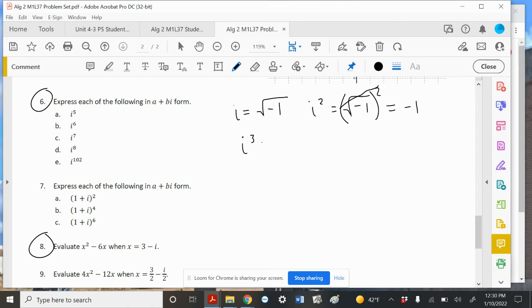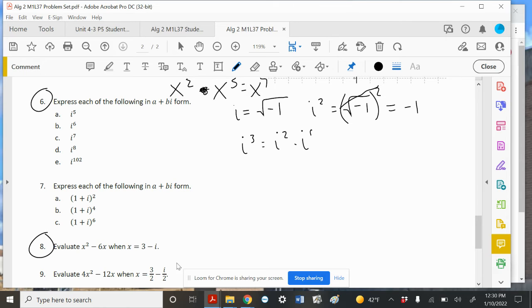i cubed equals i squared times i, because it's really i to the first power. You guys know this: if I do x squared times x to the 5th, that is x to the 7th, because we add the powers. So if I have a 2 and a 1 here, 2 plus 1 is 3.